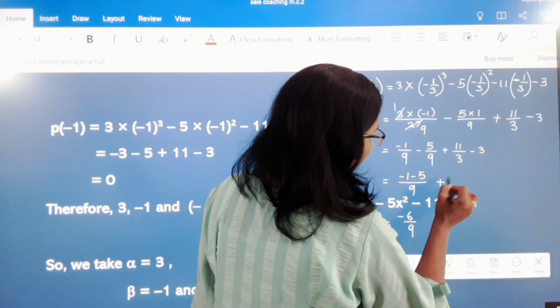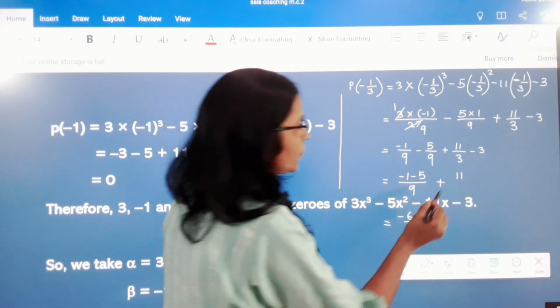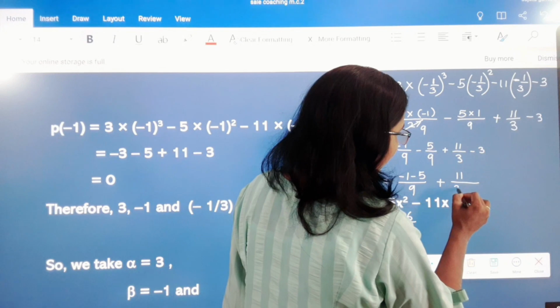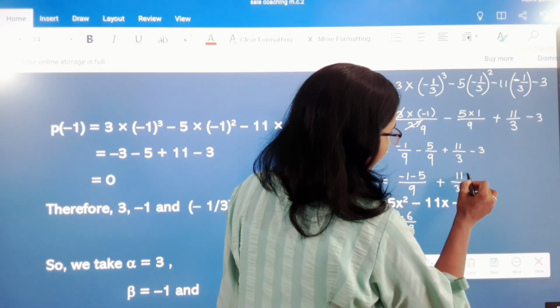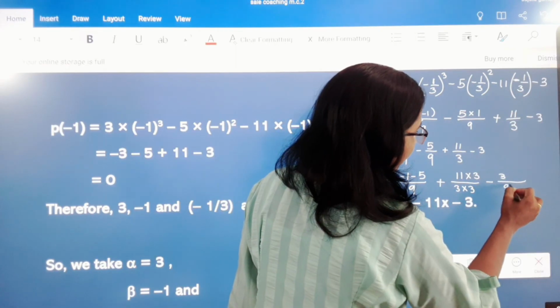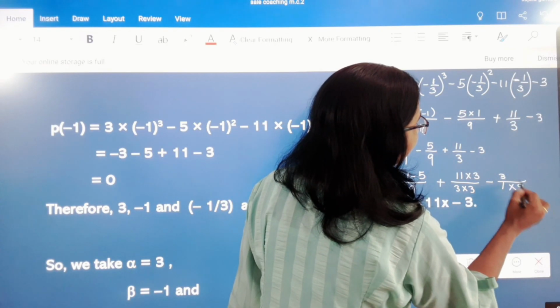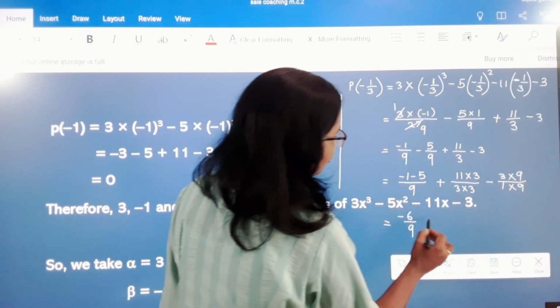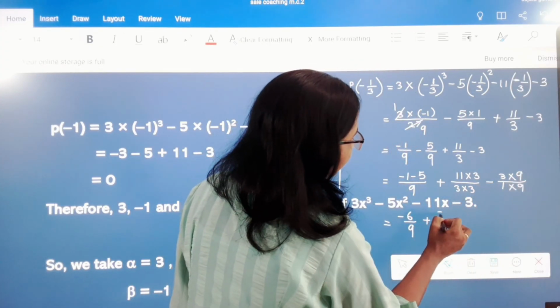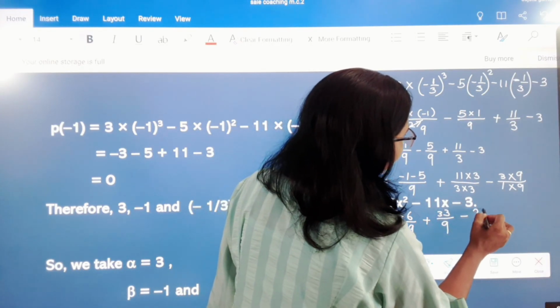And here also we equate by making the denominator 9. So here we get 33 upon 9 and here minus 27 upon 9.